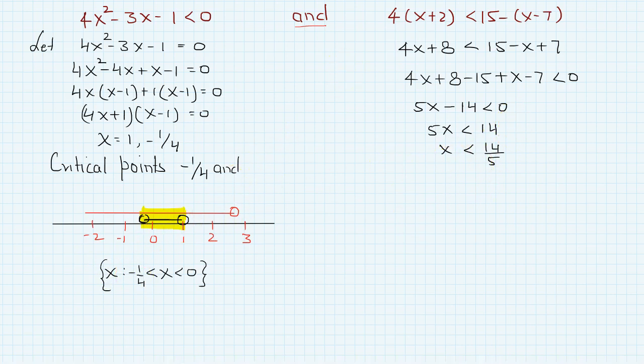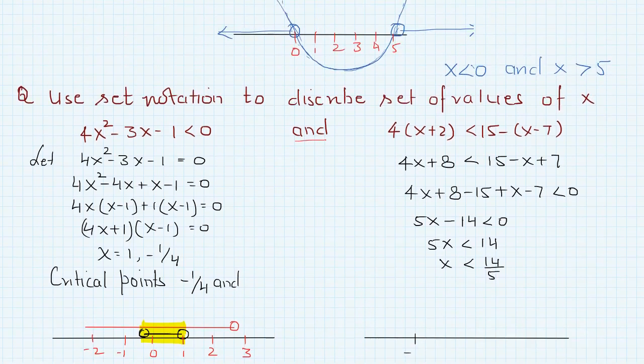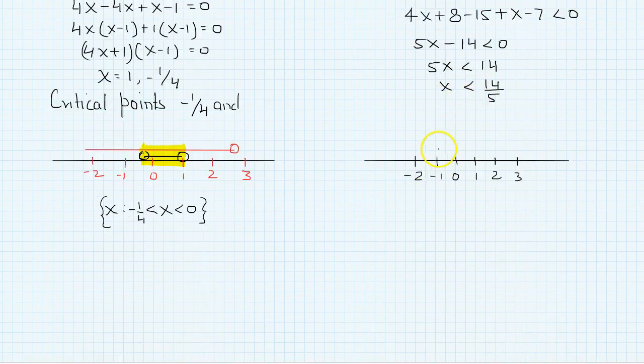Now imagine if our solution is like this. This is a number line and we have, say, minus 3. Suppose the solution of the first part is this, minus 1 to 3, and I might say the solution of the second part is this.